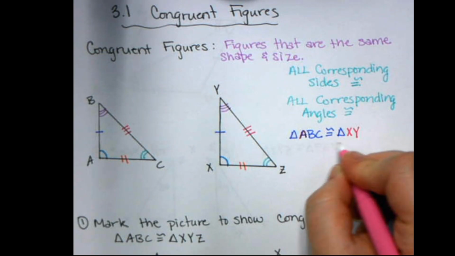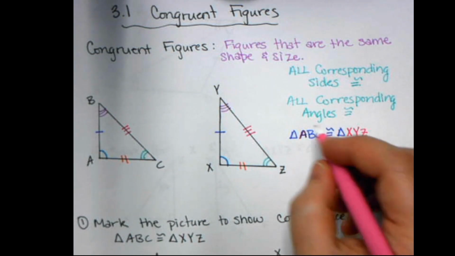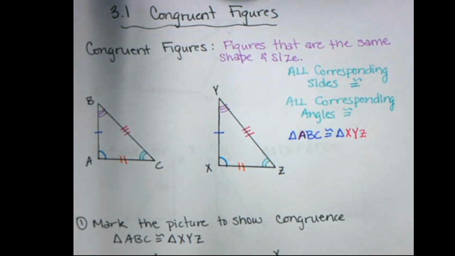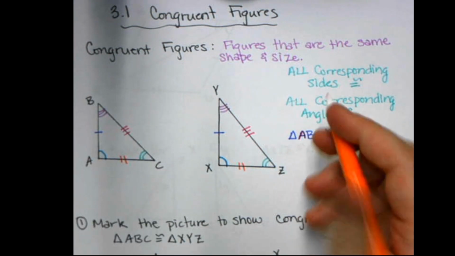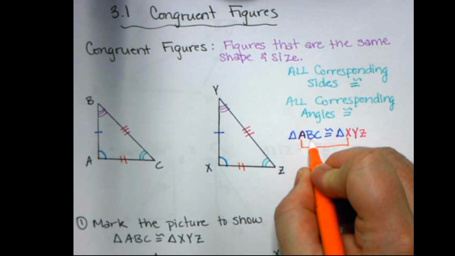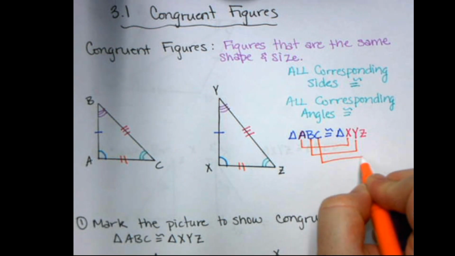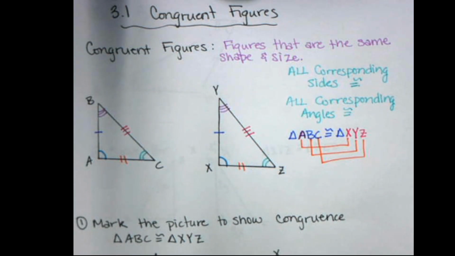C has 2, so that means it has to go with Z that has 2. So what you're looking for is that you're matching up your angles. So A matched with X, B matched with Y, and C matches with Z. So you need to make sure that those orders are correct when you're writing out your statements.